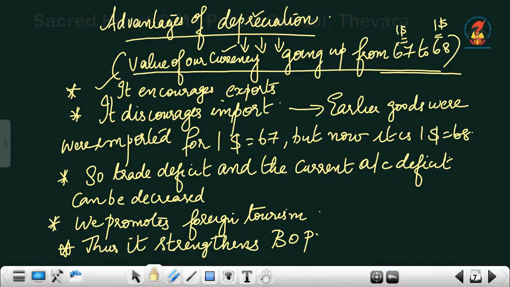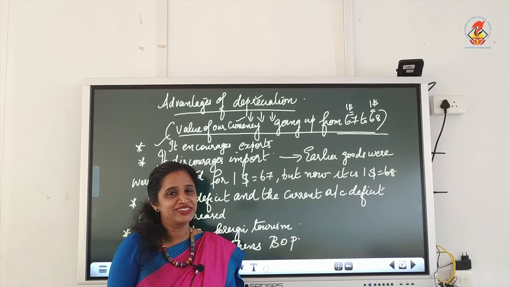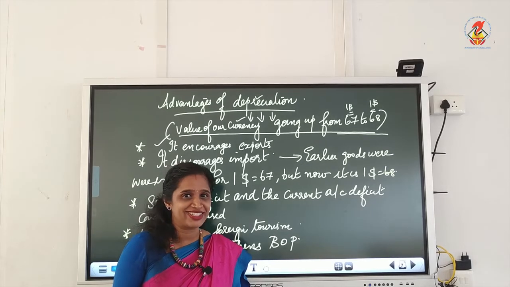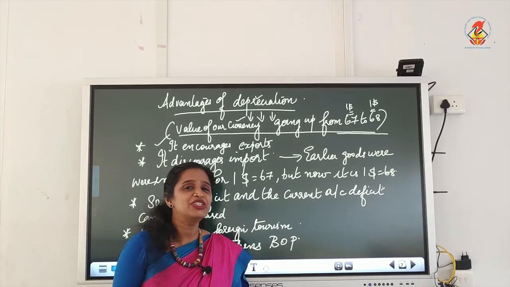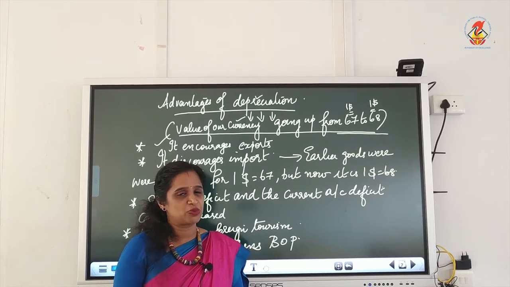It can encourage the export. If you are encouraging the export, what will happen? Instead of 67 for our export, we are getting rupees 68 for the US dollar. So we will always encourage the export because we are getting more money.